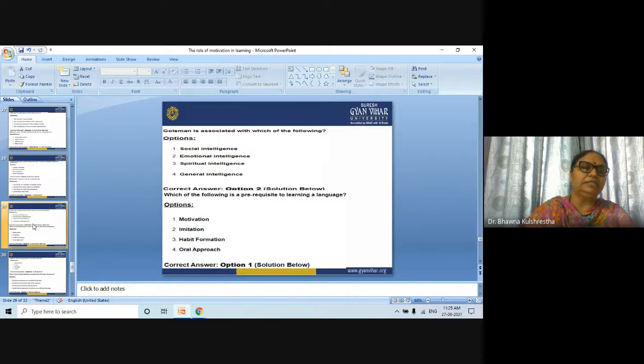And the next question, Goleman is associated with which of the following? Social intelligence, emotional intelligence, spiritual intelligence, and general intelligence. The answer of this question is emotional intelligence.